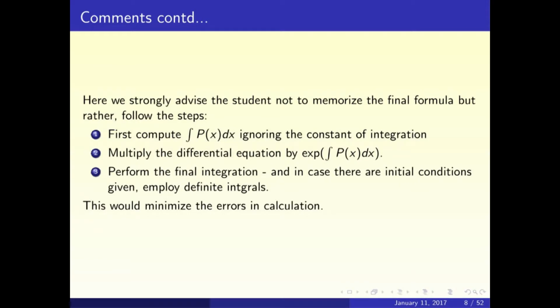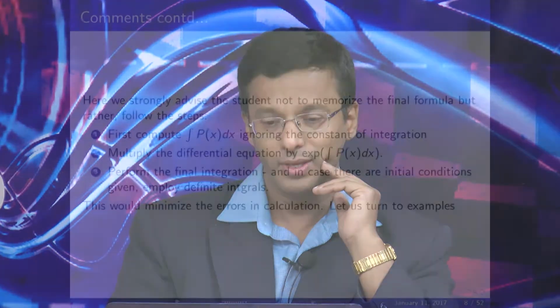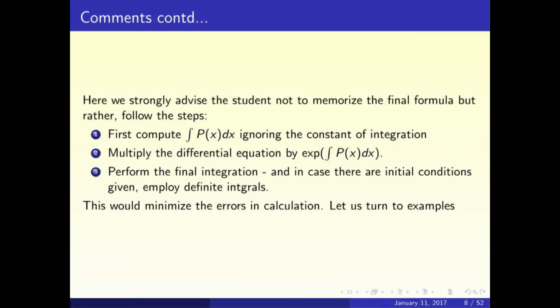And if there are initial conditions prescribed, then in this third step, employ definite integrals rather than indefinite integrals. That's all that there is to it. It's very easy. There are only 3 steps. And the complication, if any, is in computing the integrals. So let's look at some very specific examples for you to digest the matter.